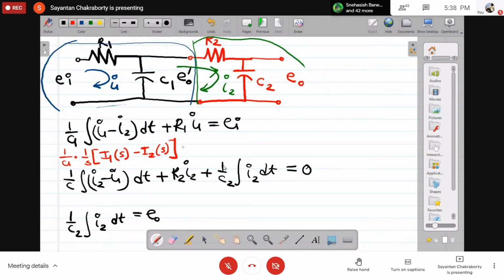And assuming zero initial conditions, obviously, as usual. So R1 I1(S). Whenever you're writing in the Laplace domain, you should always use the bracket and S, so you should not miss this.